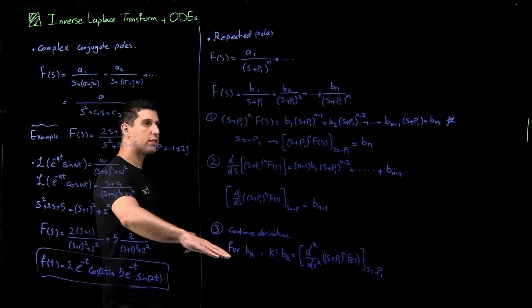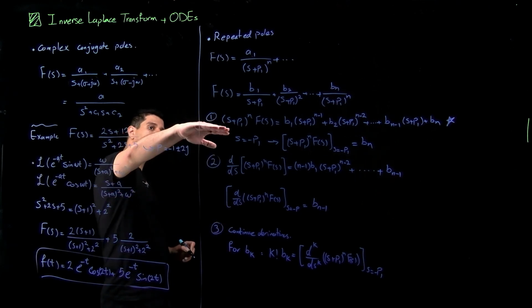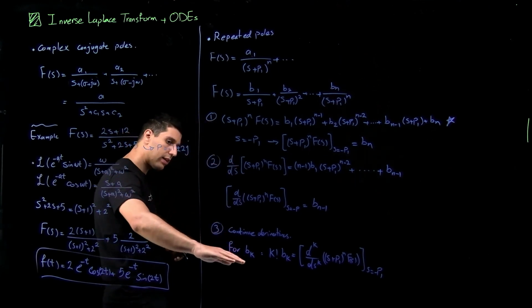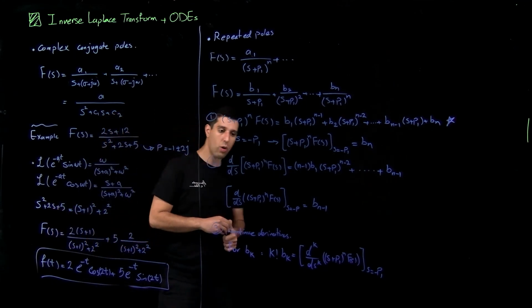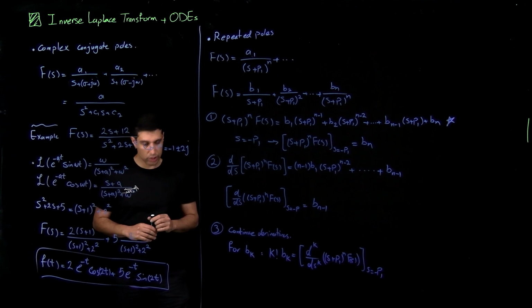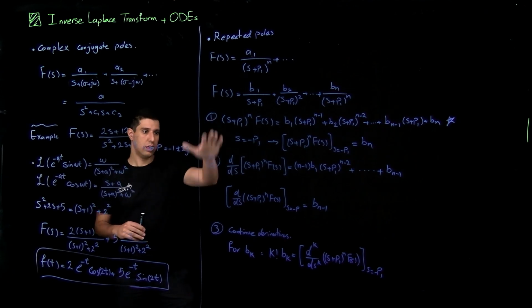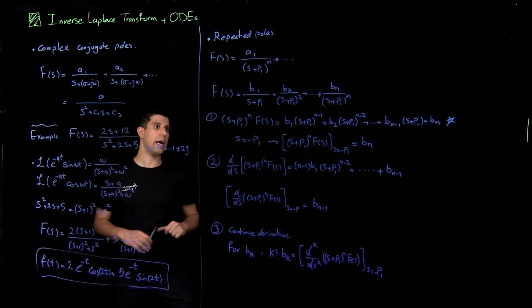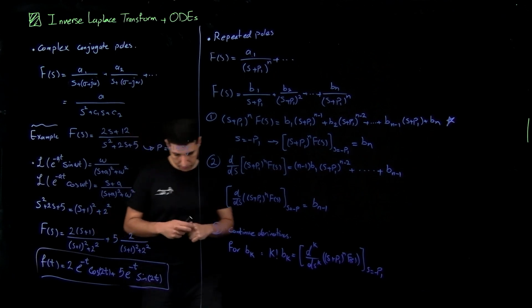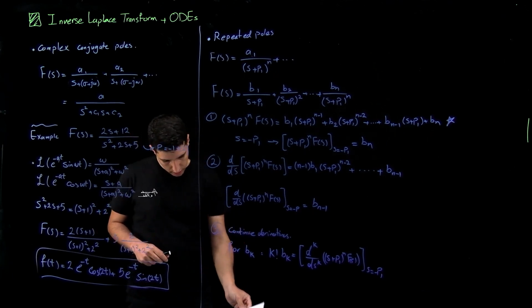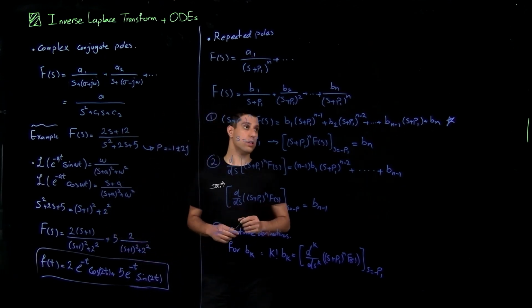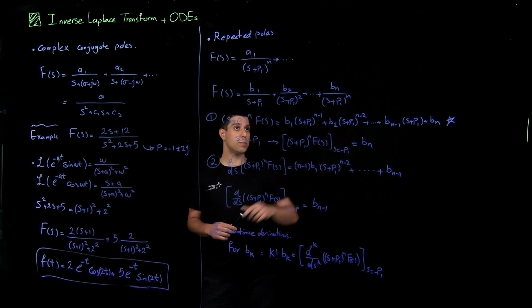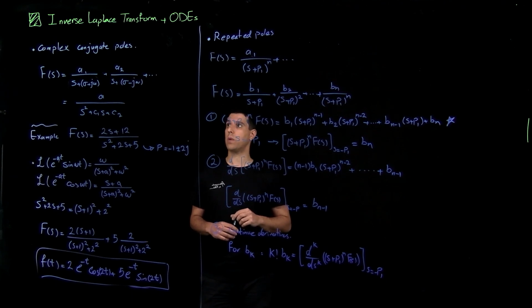So this is a systematic way: starting from the highest order and then taking the next derivatives, we can calculate all the b's with relative ease. It could be long, but it is systematic. Let me clean out the board because there is not enough space to do an example, and I'll come back when the board is clean.